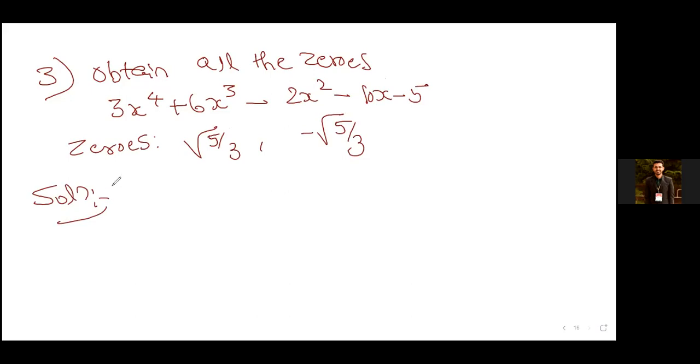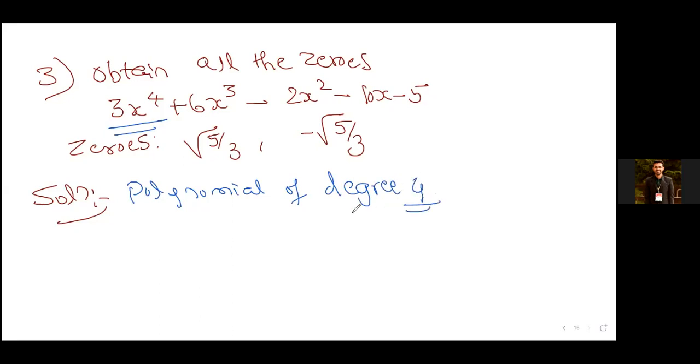This is a polynomial of degree 4, right? That means we can obtain at most 4 roots. The square root of 5 by 3 and minus square root of 5 by 3 are the zeros of the polynomial.